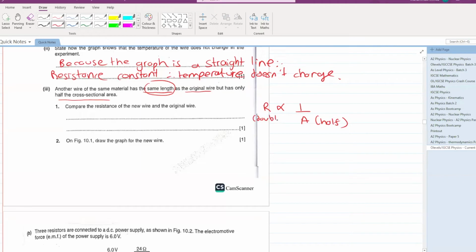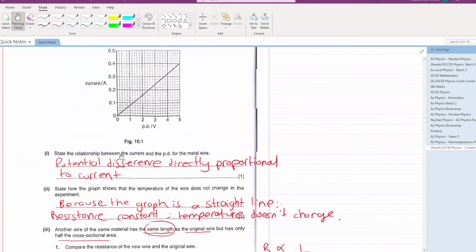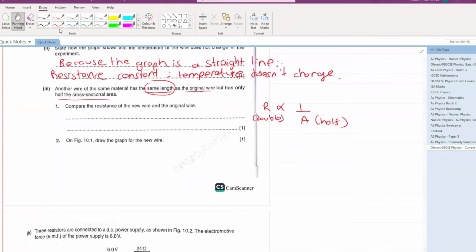It will double. So we can say that the resistance of the new wire doubles.